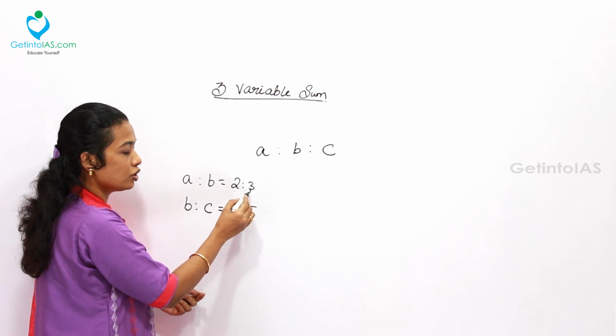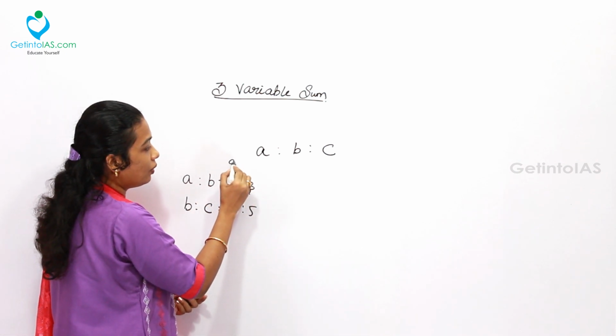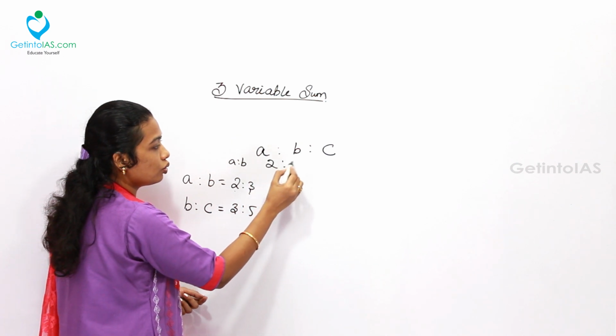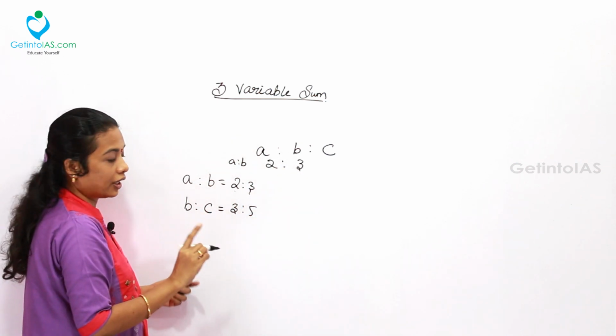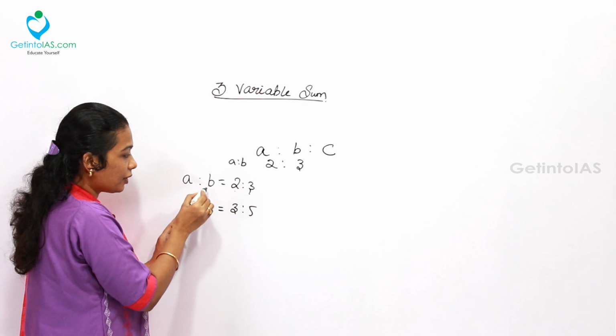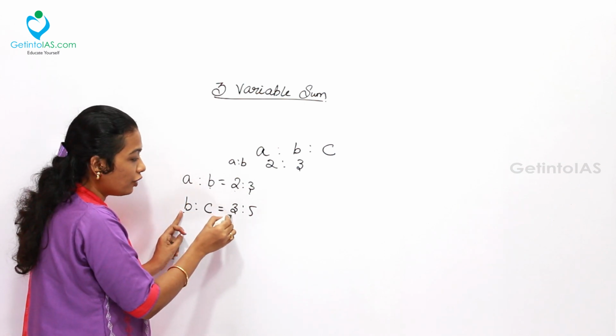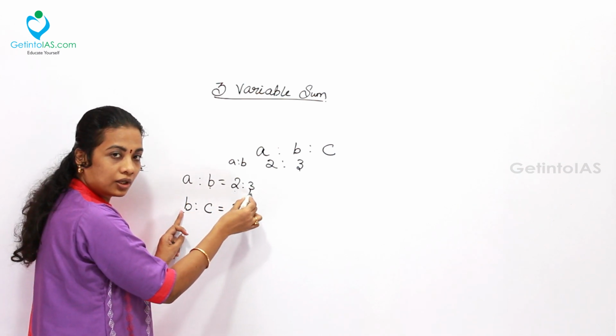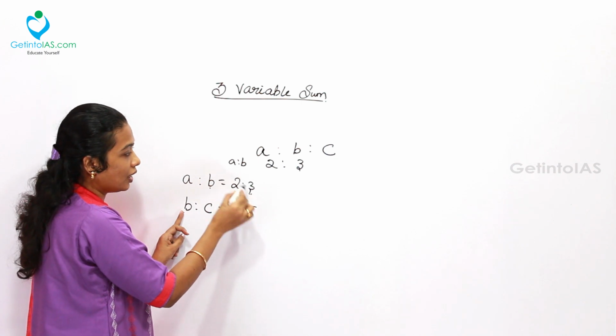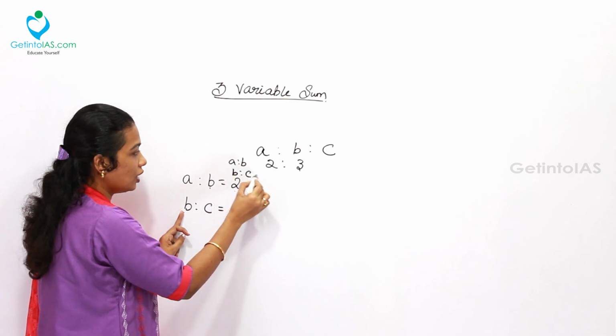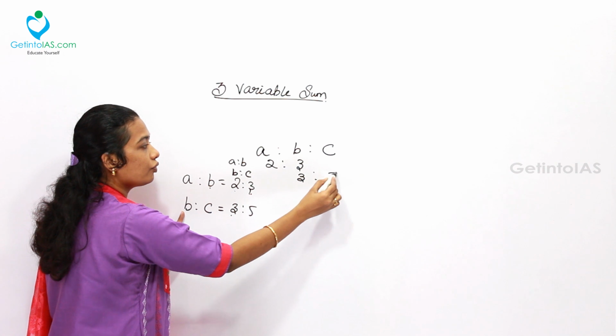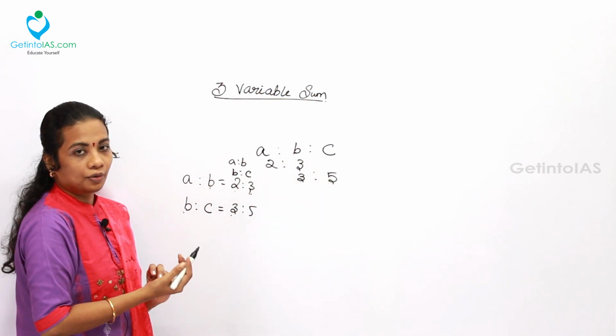A is to B is 2 is to 3. So, simply write down A is to B is 2 is to 3. That is the first thing. Second thing, B is presented here and B's value is 3 over here, the same value here. So, we can say that B is to C is 3 is to 5. Like that you can write.